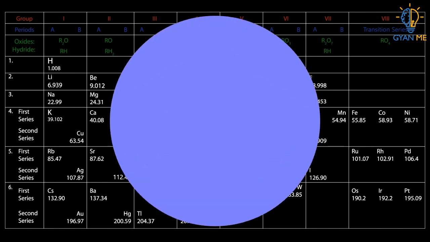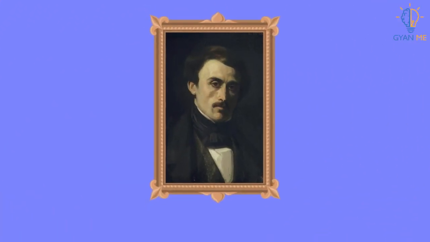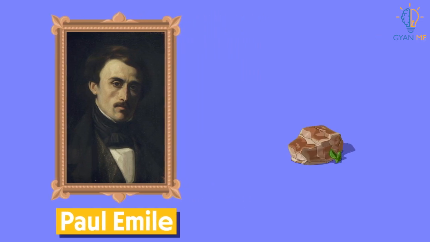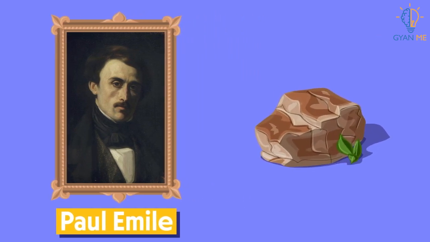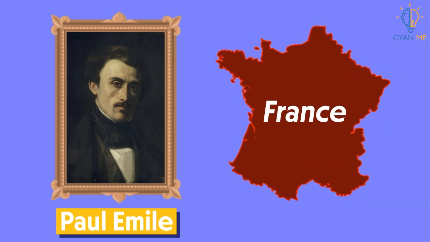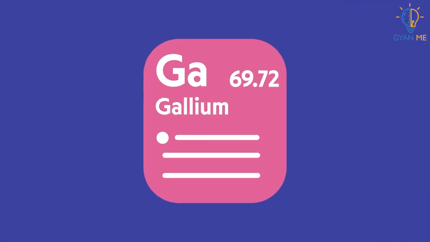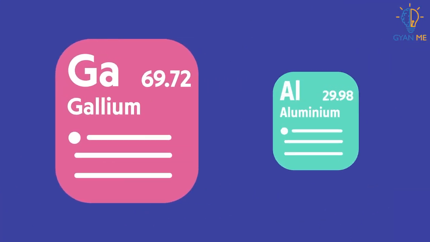It was found by a Frenchman, Paul-Émile, in France, who discovered it from the ore samples of a rock and named it after the historical name of France, which was Gaul, as gallium. As predicted by Mendeleev, it was found that the properties of gallium matched those of aluminium.